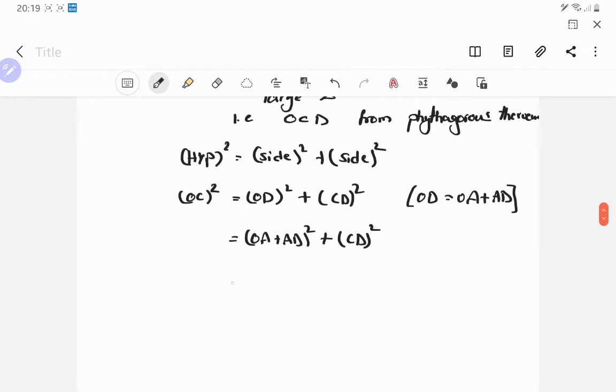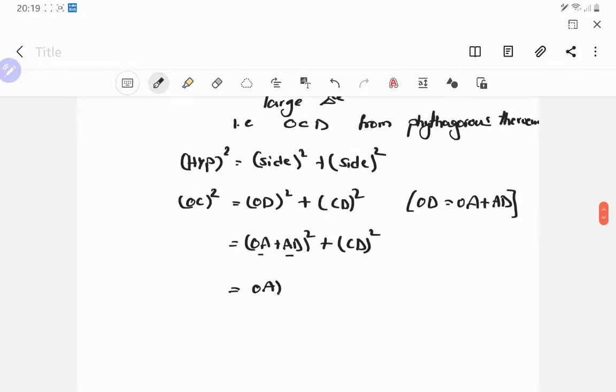Now if you see here, the A plus B whole square formula is A square plus B square plus 2A into B, plus the remaining term CD square.